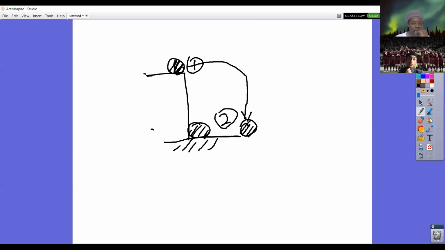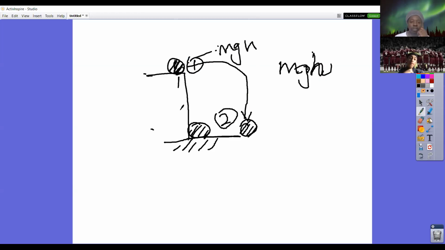Yeah, because it's moved, so kinetic, probably. Okay, kinetic, but there's something else that has reduced. Gravitational potential, well done, which is given by mgh. Here it had mgh because it was at a high value of height, whereas here the height is 0, so m times g times h gives you 0.